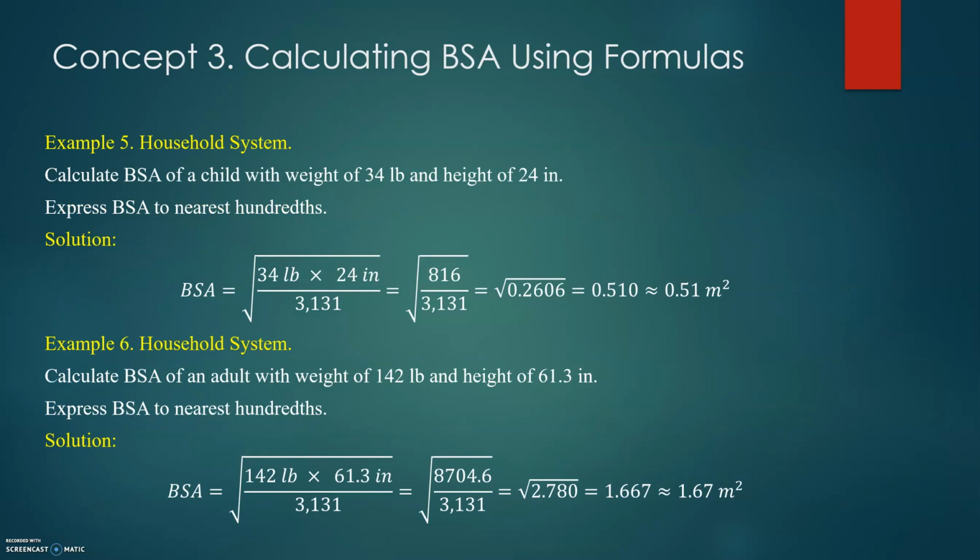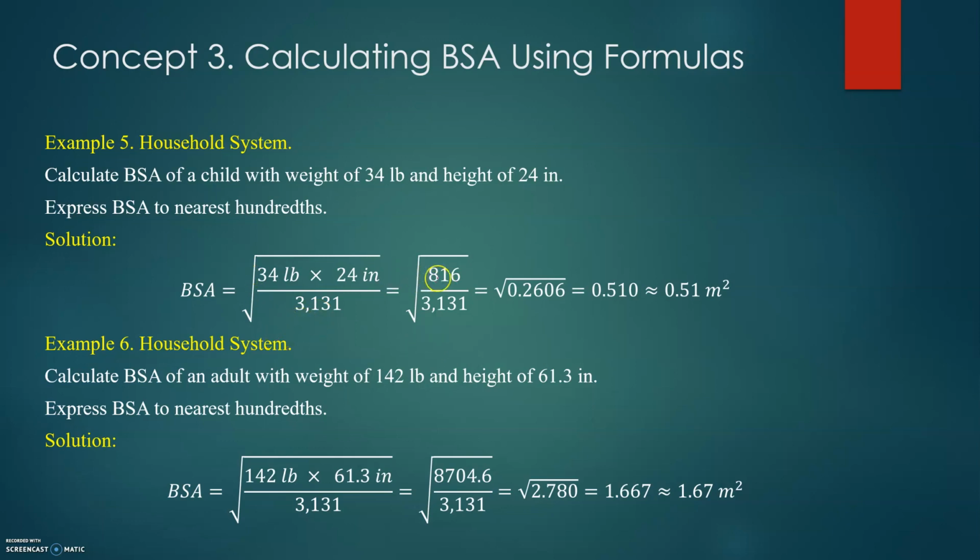So for the household system, let's take a look at example number 5. If the weight is 34 pounds and the height is 24 inches, then we need to use the formula 34 pounds times 24 inches divided by 3,131, and then extract the square root.